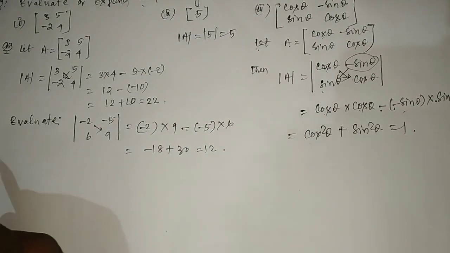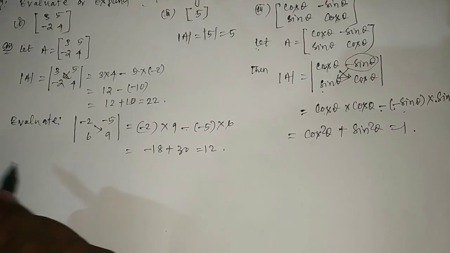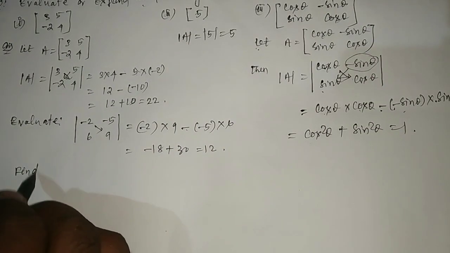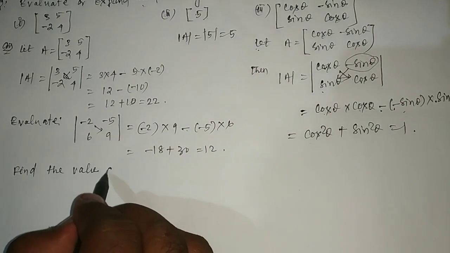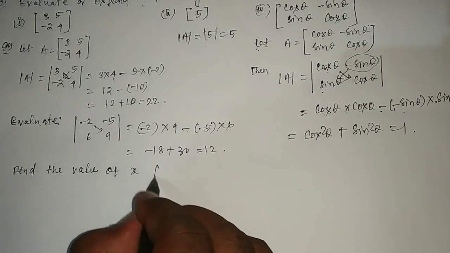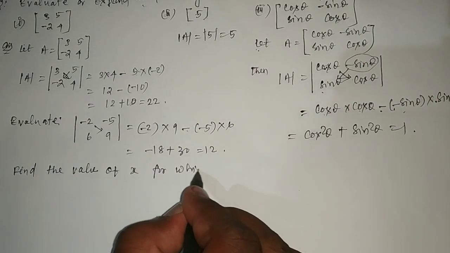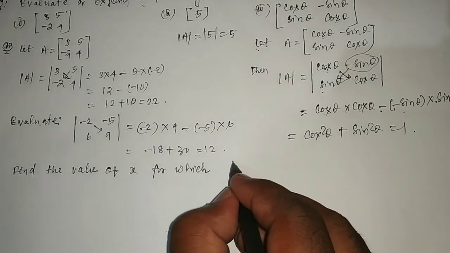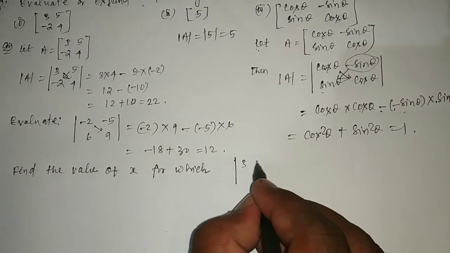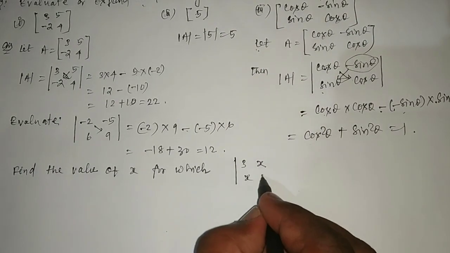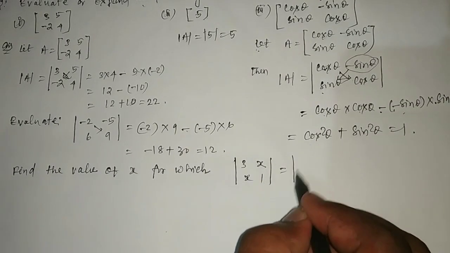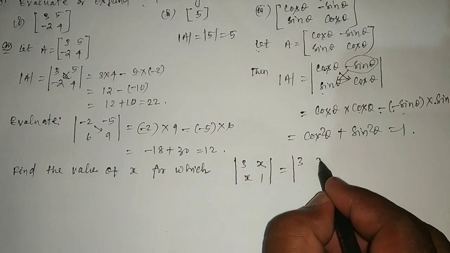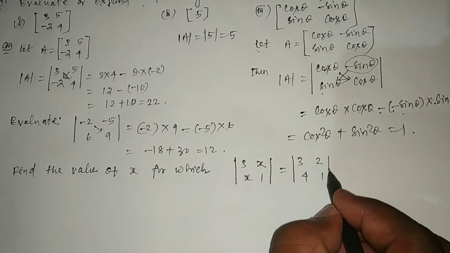Let's discuss another type of example. Question 3. Find the value of x for which the determinant 3, x, x, 1, it is a 2 cross 2 determinant, is equal to 3, 2, 4, 1.